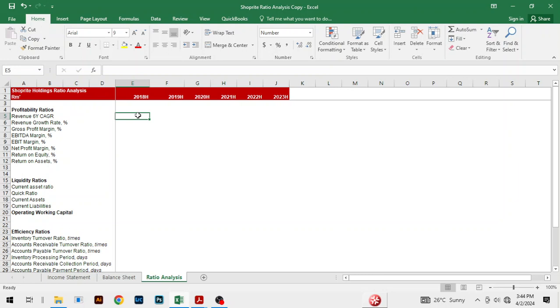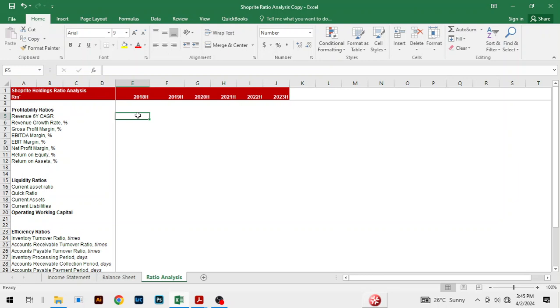Here we want to see, is the business making profit? What are the margins like? So we will compute the 6-year revenue CAGR, and we also compute the revenue growth rate, year on year. And we also have to compute the gross profit margin, the EBITDA margin, EBIT margin, and net profit margin.